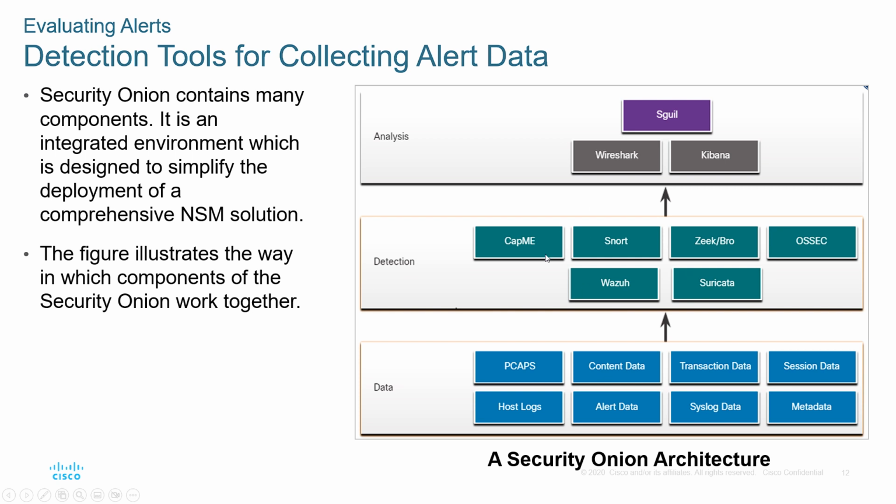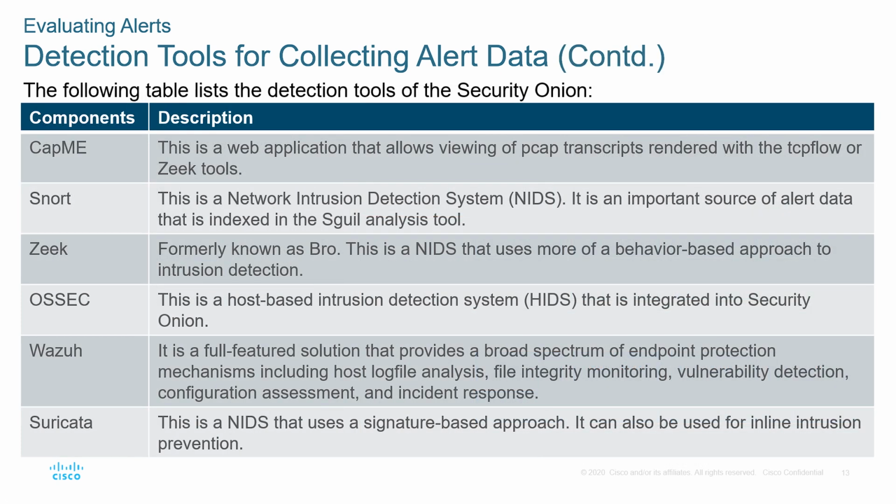If, for example, I have this one node but I don't have the other components, it is difficult for me to integrate them together manually. So this is a very good solution or suite for you as a system or security analyst. This is the table of the detection tools of Security Onion.